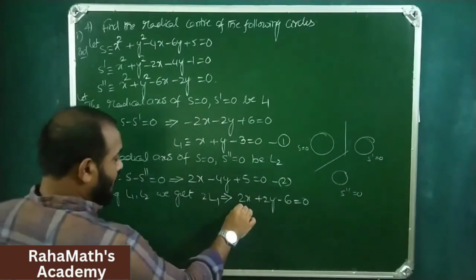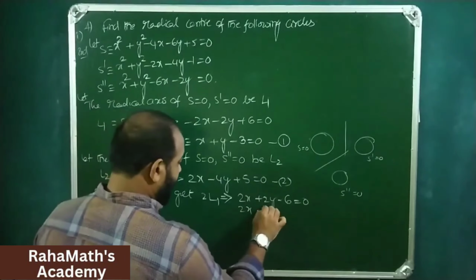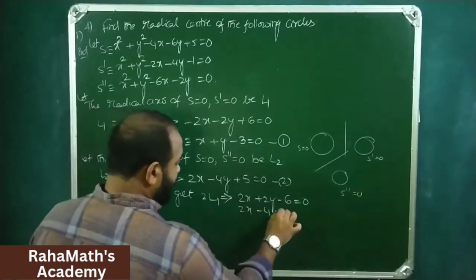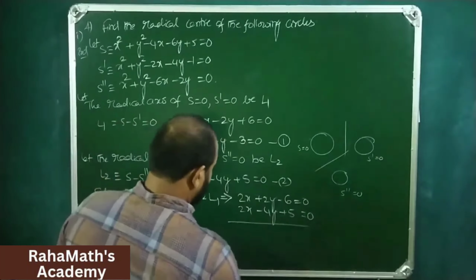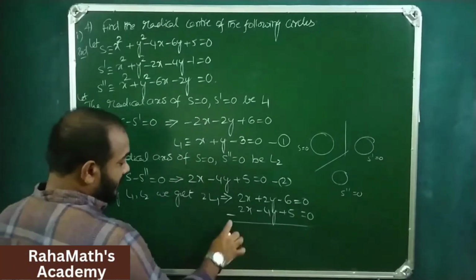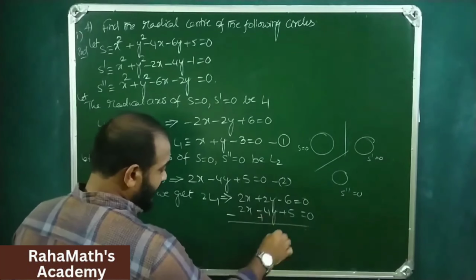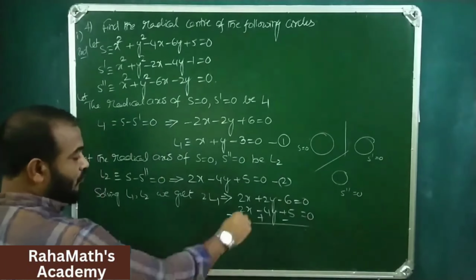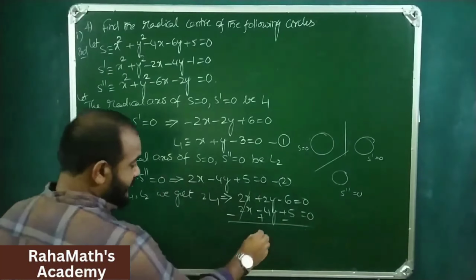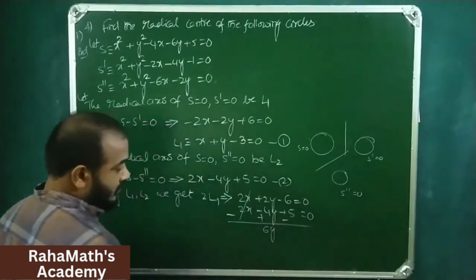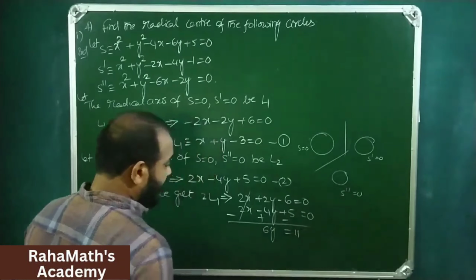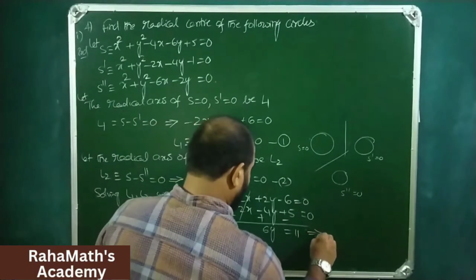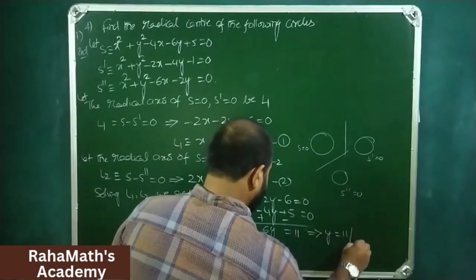This is 2x minus 4y plus 5 equals 0. I am subtracting, so this is minus, this is plus, and this is minus. So 2x gets cancelled, 6y, minus 6 minus 5 is minus 11. If you transpose that side, it equals 11. Therefore, y is equal to 11 by 6.